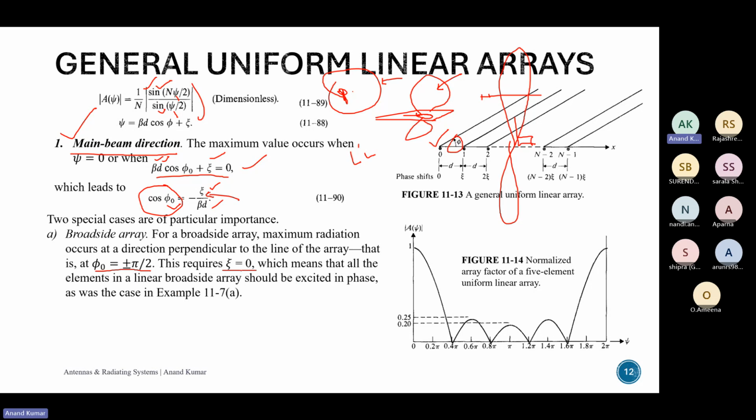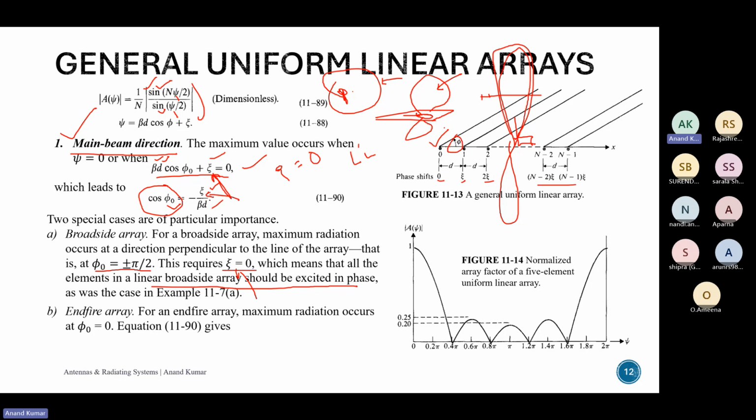What does xi equals 0 mean? It means that all the elements in the linear broadside array should be excited in phase. Xi was the progressive phase shift, so the progressive phase shift is now 0, and there is no phase shift between these elements. When the array elements are excited without any phase shift, we get the maximum radiation in the broadside direction, which is perpendicular to the direction of the array.